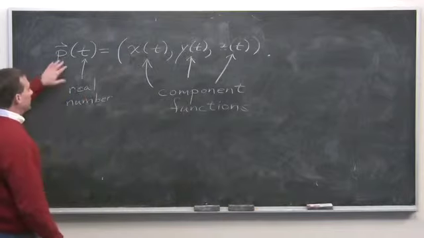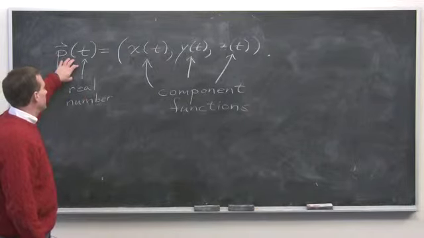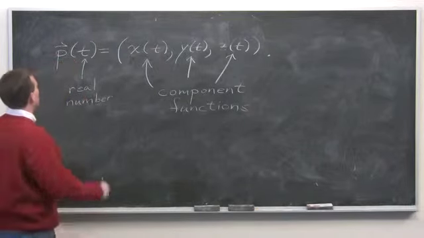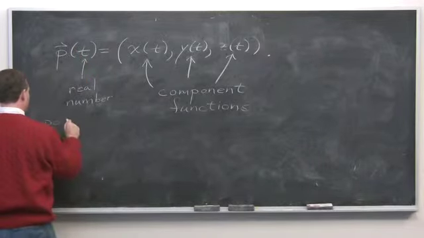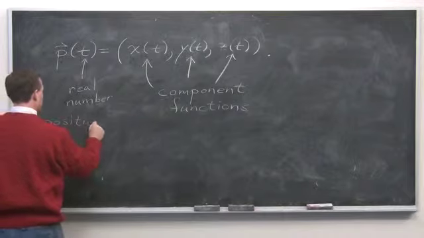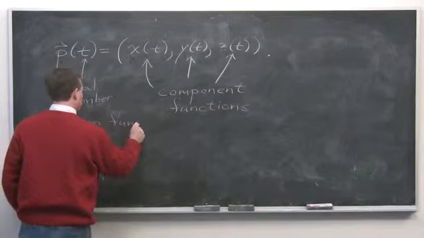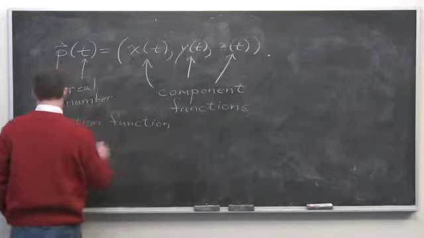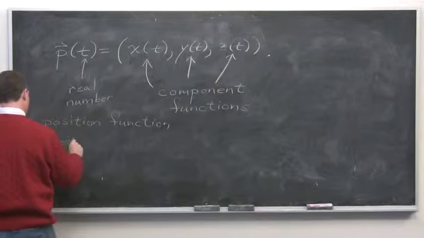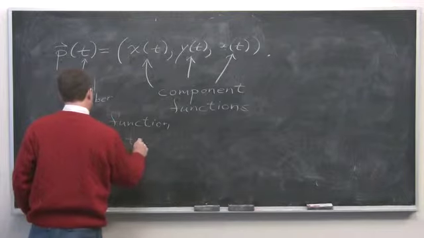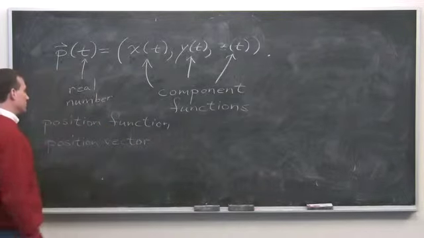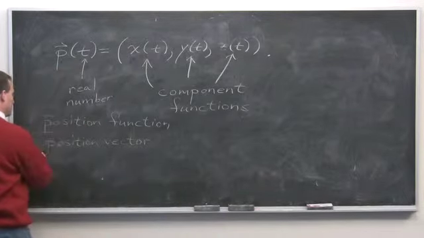And yes, if this is representing your position, different people would call this different things. It might be the position function, the position vector. But really, you just get used to thinking of things in terms of vectors.